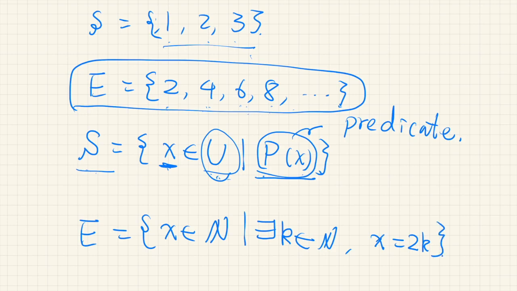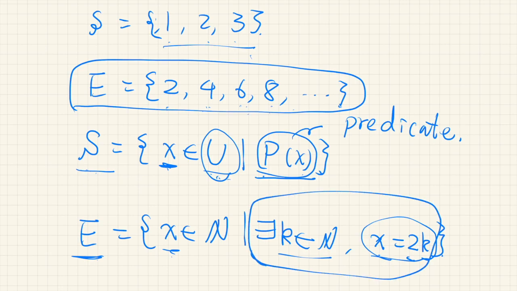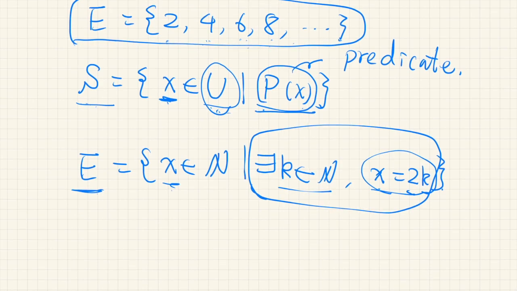In this way, we can define the set of even natural numbers, right? Because every x in this set E can be expressed as the product of 2 and k, where k is some other natural number. If such a k exists, then x is defined like this. So therefore, this is, of course, an even number. In this case, this part is the predicate that decides whether x belongs to E or not.